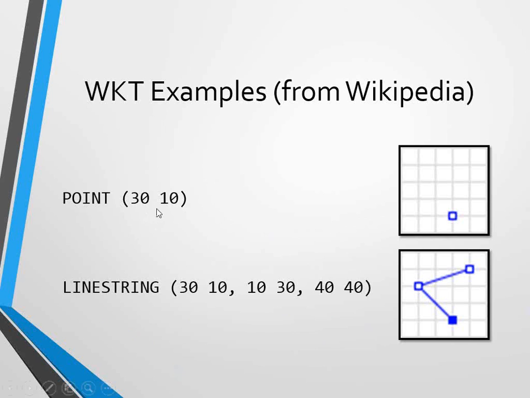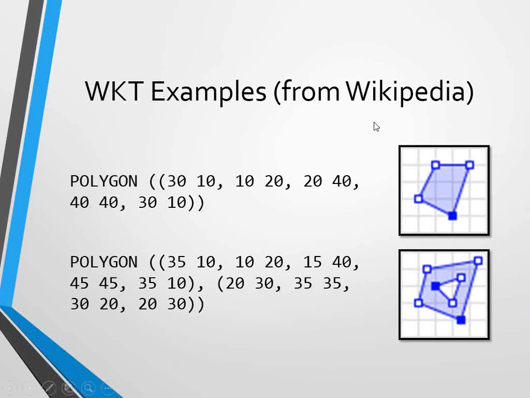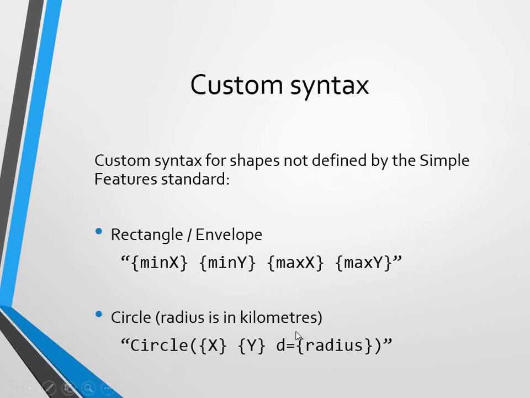So a point can be specified just like that, whereas a line string is below. And on my next slide, I've got examples of polygons. It's a very simple text format, which RavenDB has extended so that you can define rectangles and envelopes or circles.